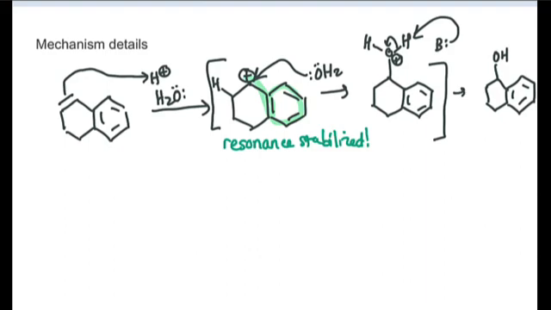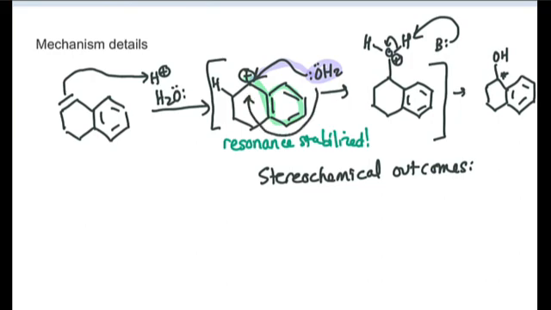Now, the reason why we want to show the possible stereochemical outcomes is that we have this chirality center here. All right, so we have a chirality center. We want to be able to show all the possibilities, and what it comes down to is that this water can approach from the top face, or from the bottom face, the other side, with equal likelihood.